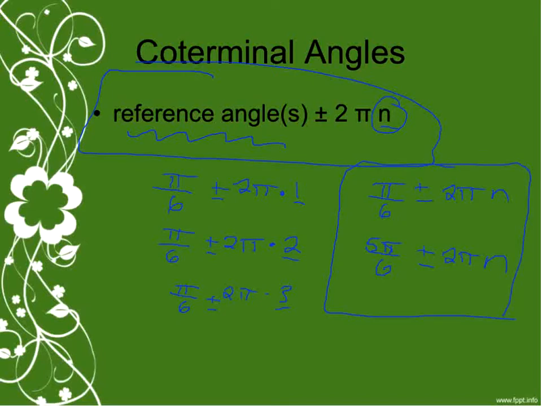And by writing it this way, this gives me all of my coterminal angles. So let me give you a quick minute to jot down any notes that you would like to do before we move on to the next slide. But this one in the box at the top, this is our formula for finding all of the coterminal angles. Hint, hint, that's part of your essential question for the day.